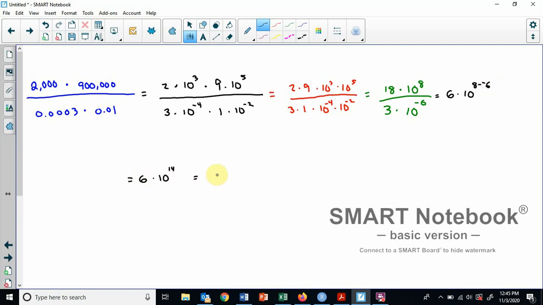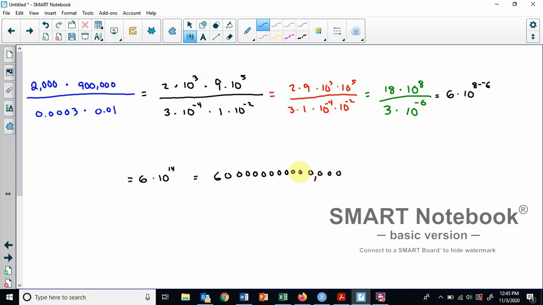That's kind of a large number. If you were to expand that back out, let's see. Hang on, the comma will go right there. So this would be 14 zeros. 1, 2, 3, 4, 5, 6, 7, 8, 9, 10, 11, 12, 13, 14.